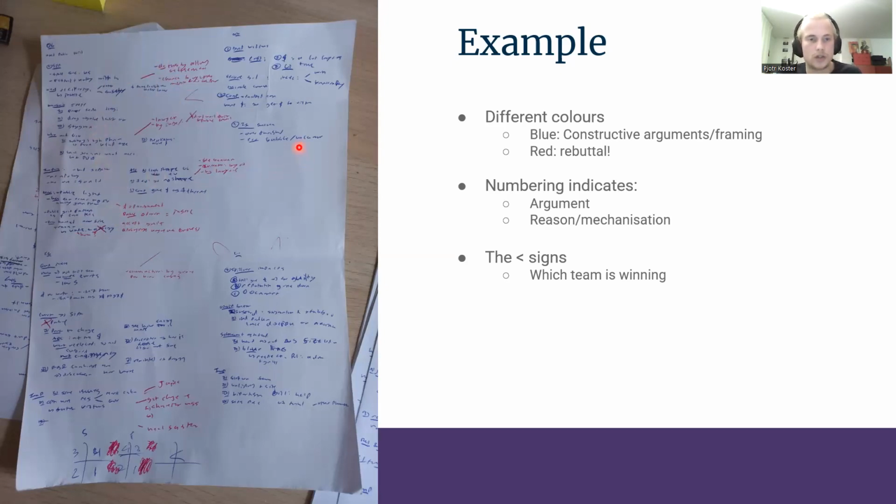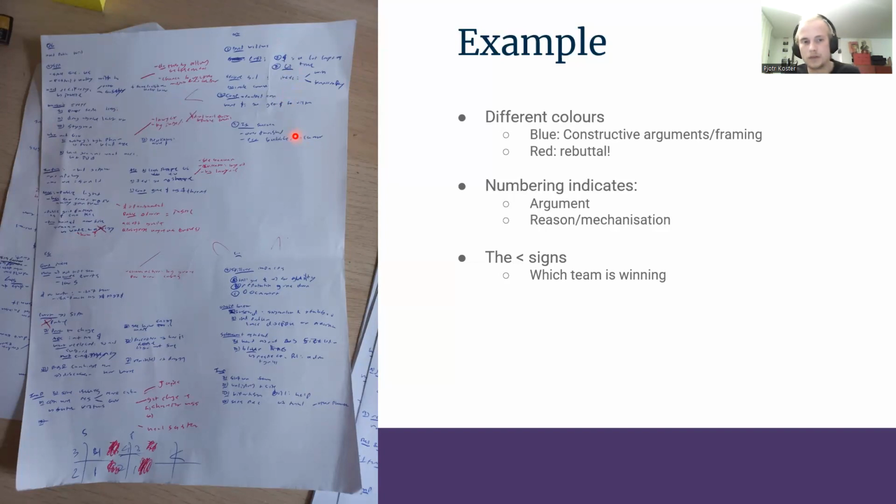Now, what else do you see? Again, you see different kinds of numbering. On the right-hand side, you will see 1, 2, 3. Those are just the arguments. And then you can have here in Roman numerals I, II, which are mechanisms for why the argument is true. Again, as you will see, these are just small sentences, literally only words, sometimes even just signs.